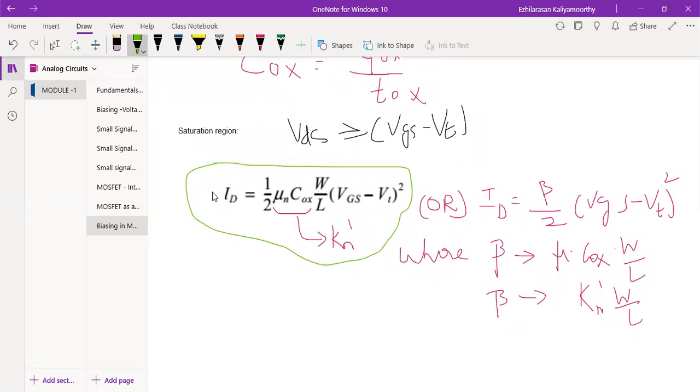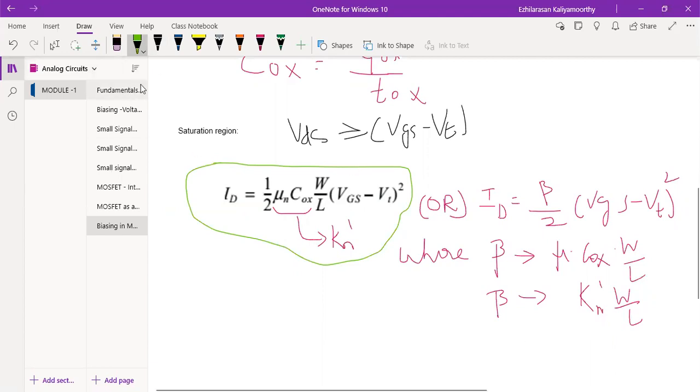So what is the drain current for the saturation region? If they ask, you should tell ID is equal to 1 by 2 mu n C naught x W by L into VGS minus VT square, or you can say beta by 2 into VGS minus VT the whole square, where beta is equal to mu C naught x W by L or Kn dash W by L. Here other terms also you should know. What is the W and L?